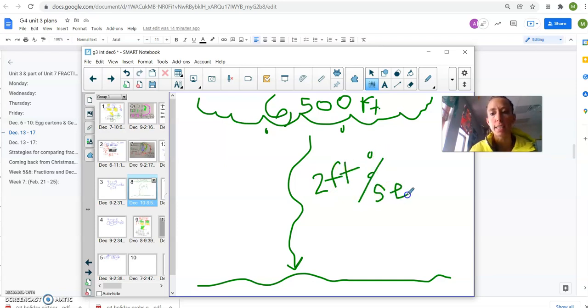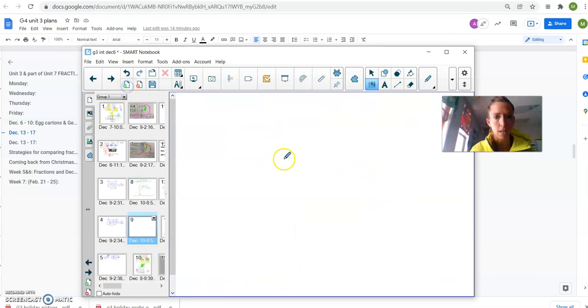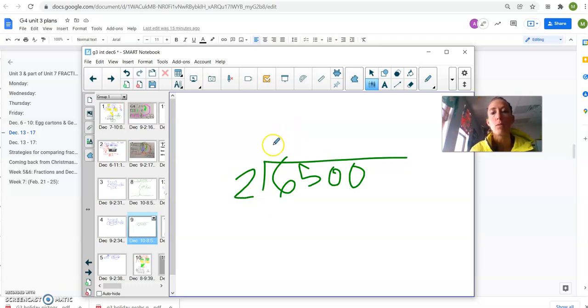So of course, it's going to take division. So then as the snow is falling on the smartboard screen, we're taking 6,500 and dividing it by 2. But when we did that, we ended up getting 3,500, I think. Let me see. I have to do the math again.